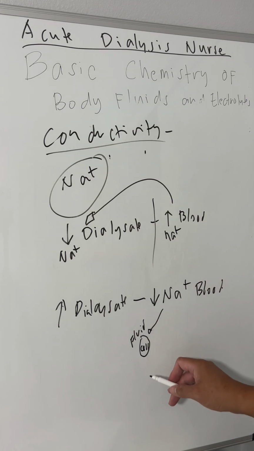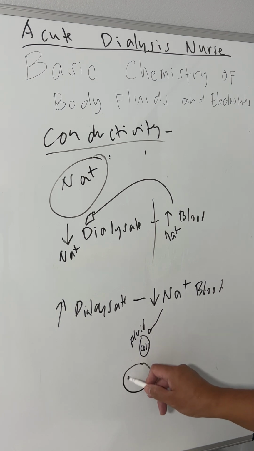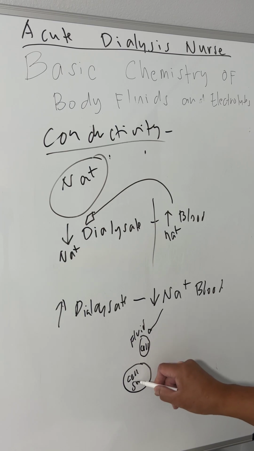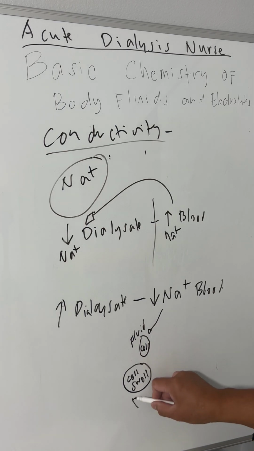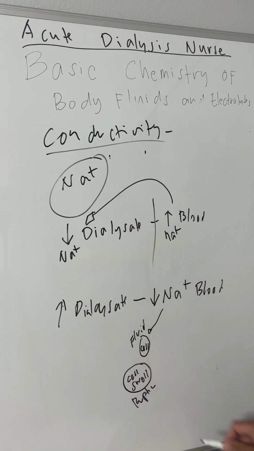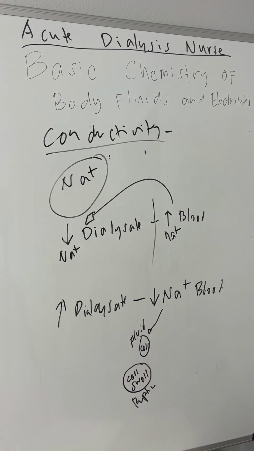But if we have low sodium, it pushes fluid back into the cell. It will cause cell swelling. The cells swell, and this can rupture. It can cause hemolysis. So there you go, cell rupture, hemolysis. So what are the symptoms if you have low sodium in the blood?